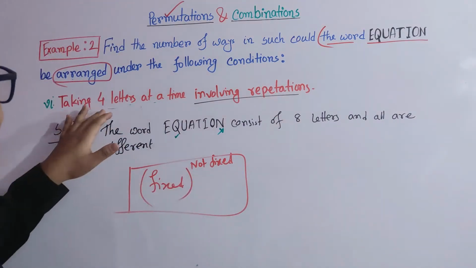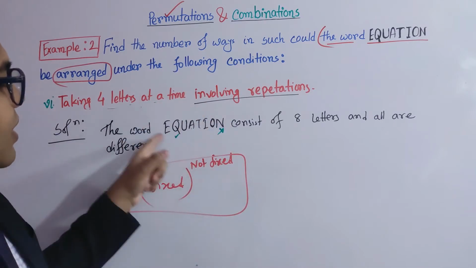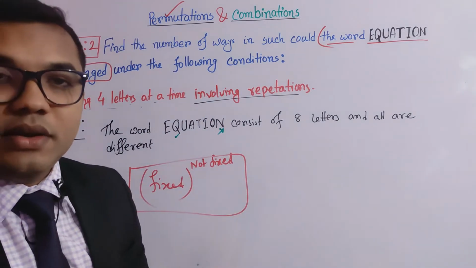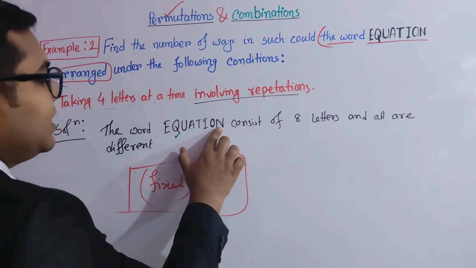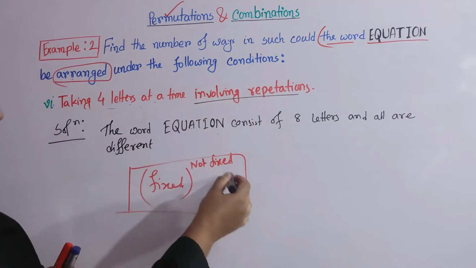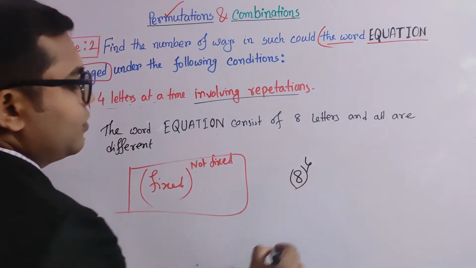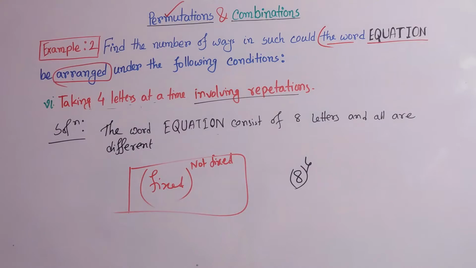So these 4 letters are not fixed, but here all 8 letters are fixed. Since all 8 are fixed, according to this formula our solution should be 8 to the power 4.